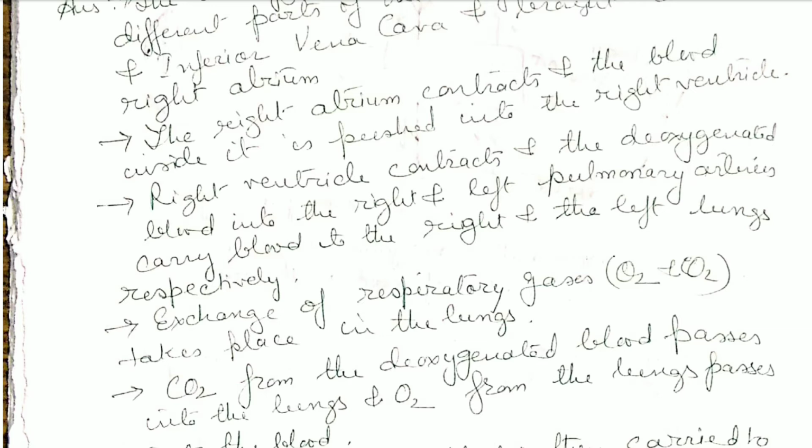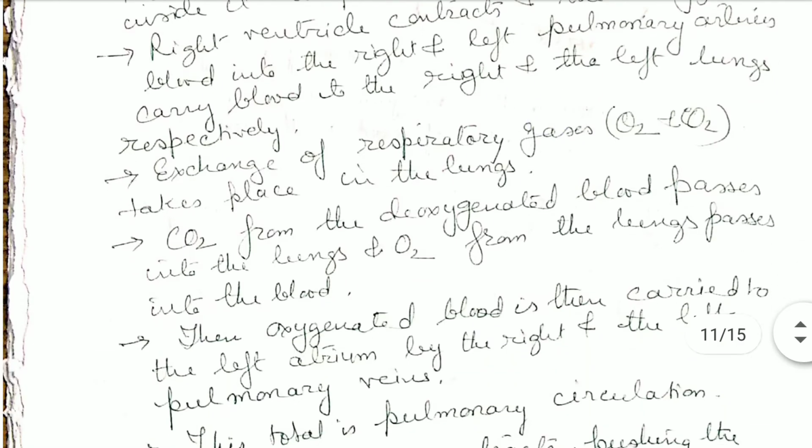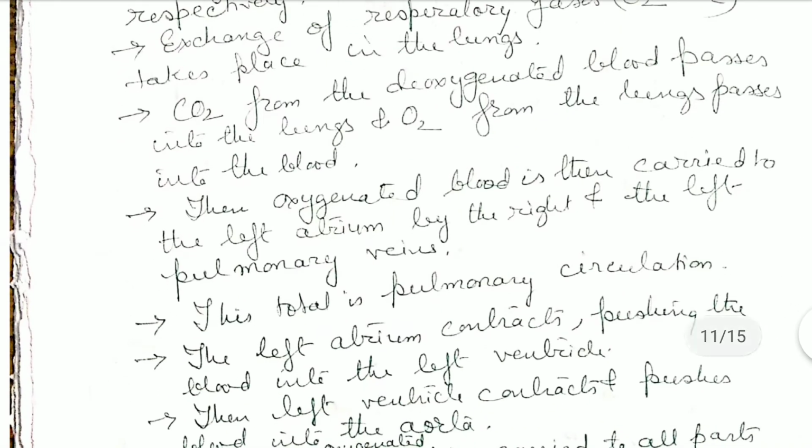And then the blood flows via the pulmonary arteries into the lungs, where this deoxygenated blood exchanges its gases and gives out carbon dioxide and takes in oxygen, and this oxygenated blood is poured into the left atrium by the pulmonary veins.